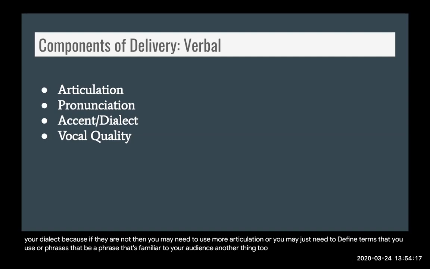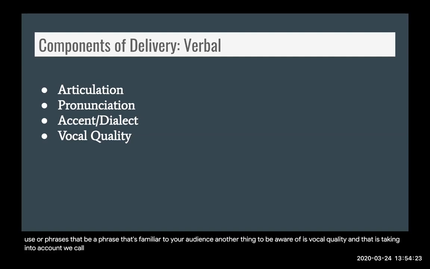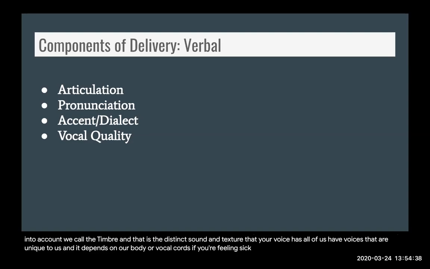Another thing to be aware of is vocal quality, and that is taking into account what we call the timbre, and that is the distinct sound and texture that your voice has. All of us have voices that are unique to us, and it depends on our body, our vocal cords, if we're feeling sick or not. All of those things can affect your vocal quality.